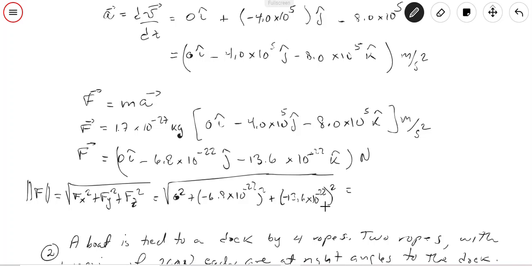If you do the calculation, this is equal to 15.2 times 10 to the power of negative 22 newtons.